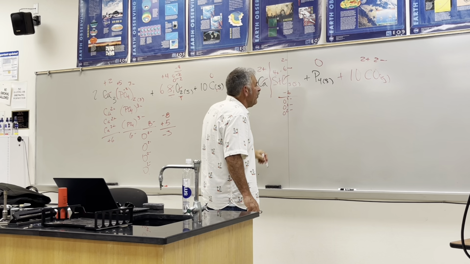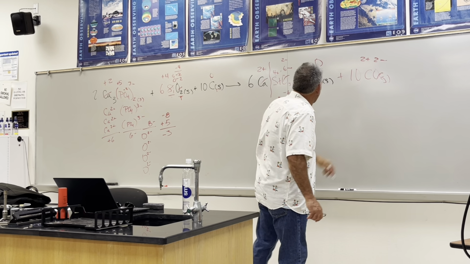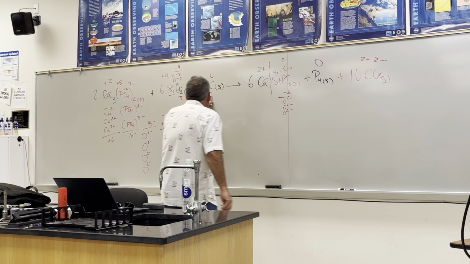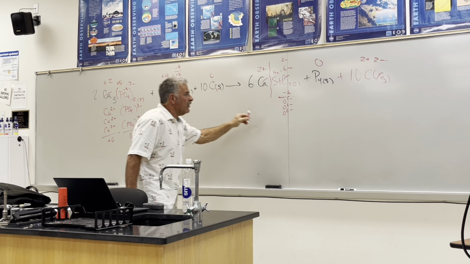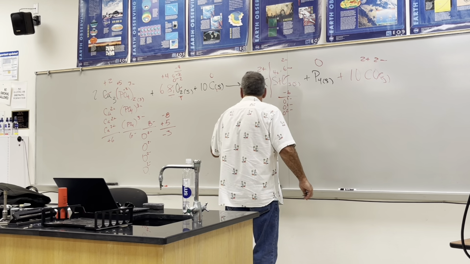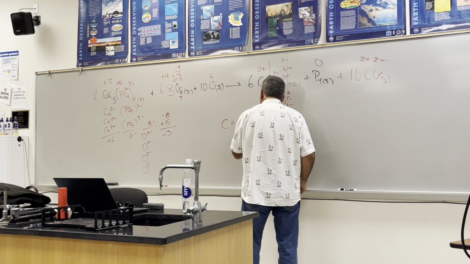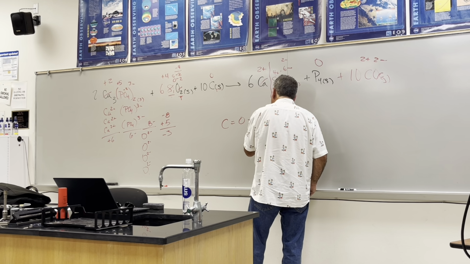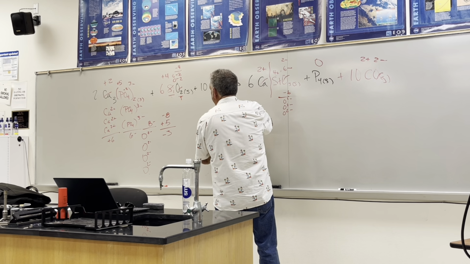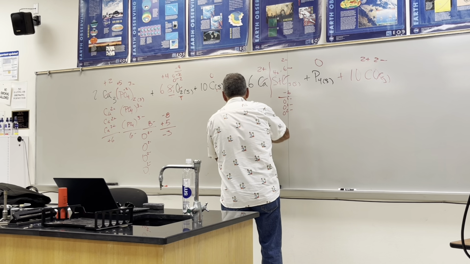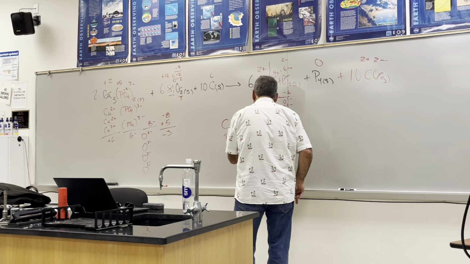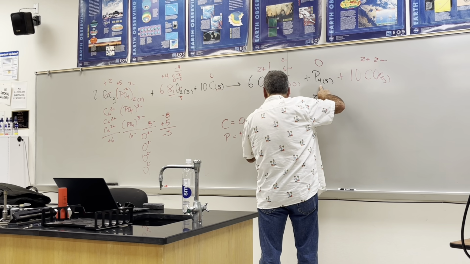No change here, no change there. Carbon is 0, carbon is 2 plus. So carbon goes from oxidation number of 0 to 2 plus. And then phosphorus goes from plus 5 to 0.